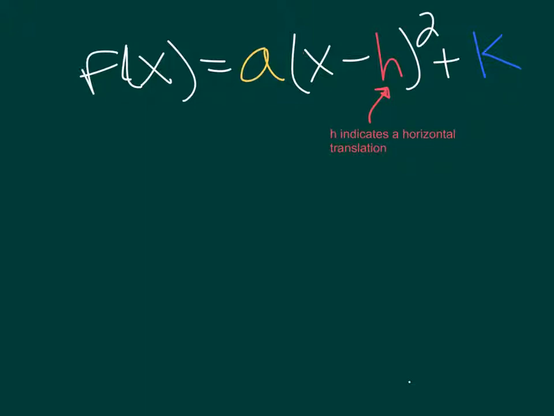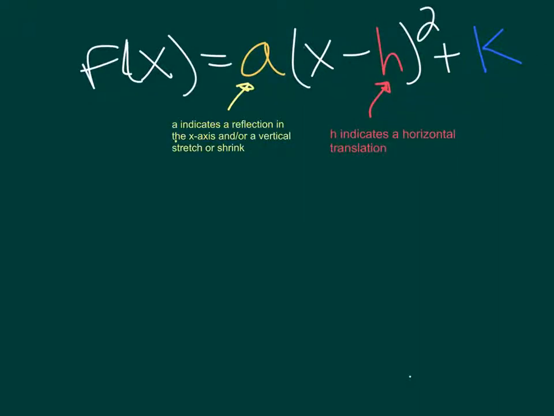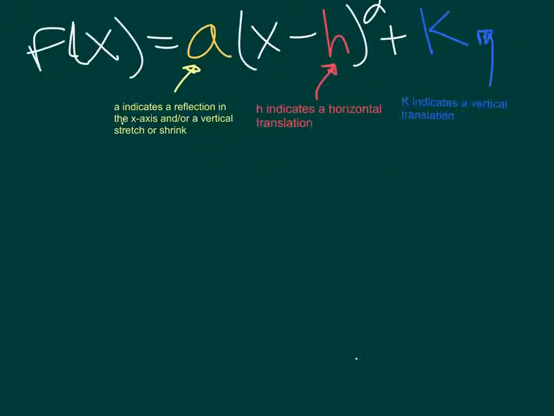So a horizontal translation would be moving the function to the left or to the right. And the next constant we have is the a. And what the a indicates is a reflection in the x-axis and/or a vertical stretch or shrink. And last is the k constant. What the k constant indicates is a vertical translation. So that means that it can go up or down.